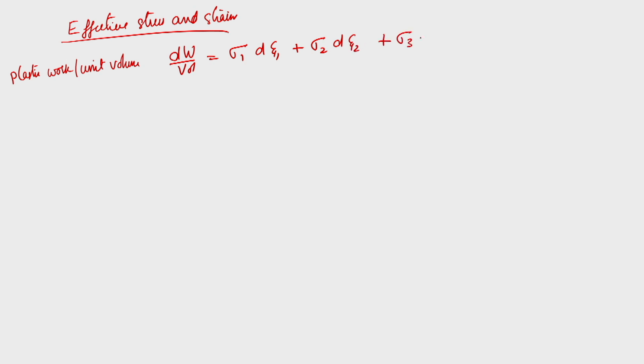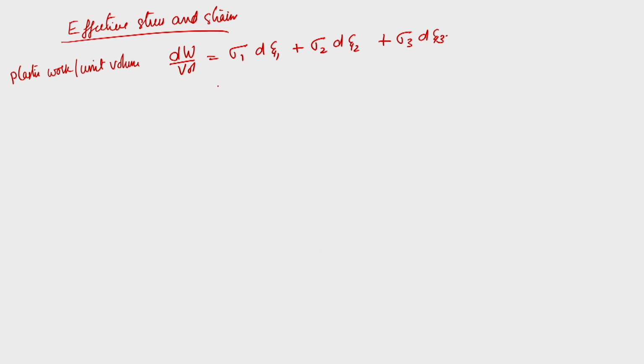The plastic work per unit volume, if you calculate it, dW by volume, is expressed as sigma 1 d epsilon 1 plus sigma 2 into d epsilon 2 plus sigma 3 into d epsilon 3.